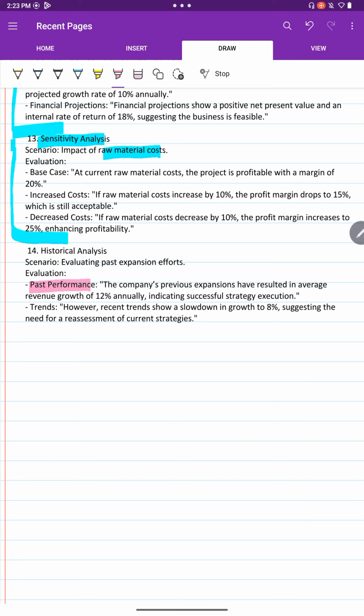For example, the company's previous expansions have resulted in average revenue growth of 12% annually, indicating successful strategy execution. And we can also see the trends if we have this in our case study. However, recent trends show a slowdown in growth of 8%, suggesting the need for reassessment of current strategies.